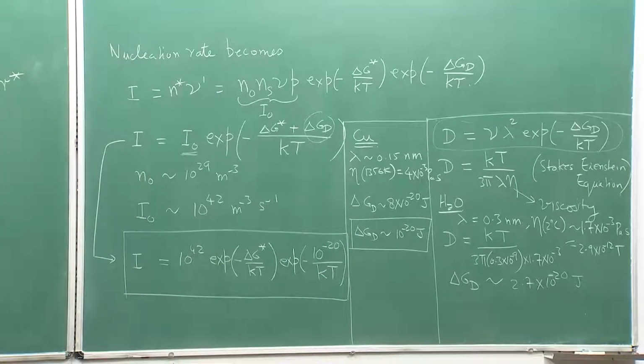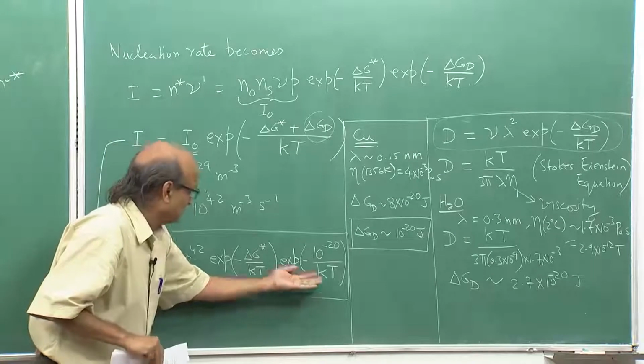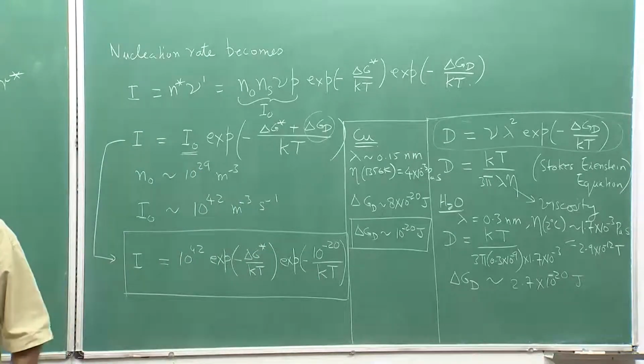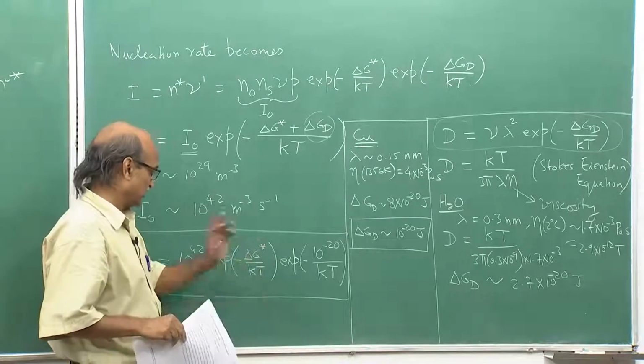If I look at this expression, I can see that now for a given system, I will be in a position to estimate the nucleation rate, because I would know everything and I would be able to calculate delta G star.